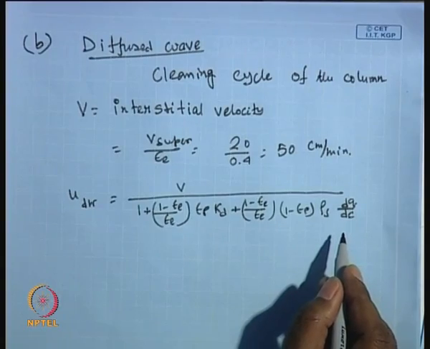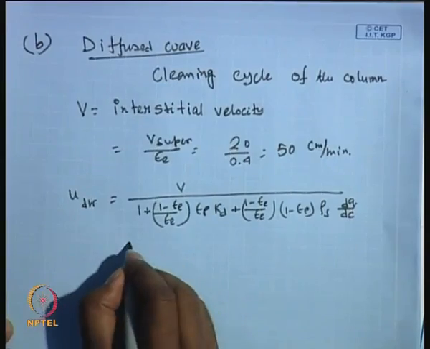In the earlier case it was a shock wave, so the change was sharp and was represented by delta Q by delta C. Now delta C tends to 0, so for very small values of delta C you get a change in delta Q. So it will be dq dc.